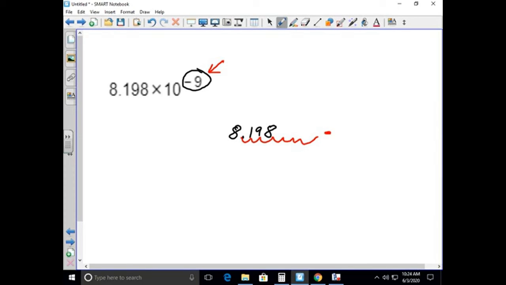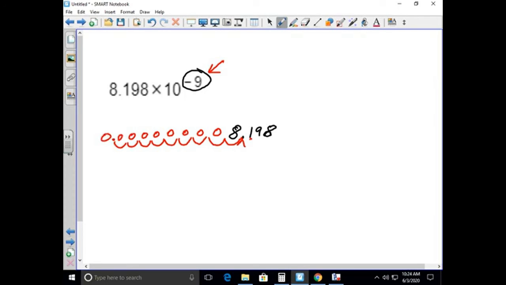That's not going to be a tiny decimal. So in order to make this a tiny decimal, our decimal will need to go to the left 9 places. So 1, 2, 3, 4, 5, 6, 7, 8, 9.